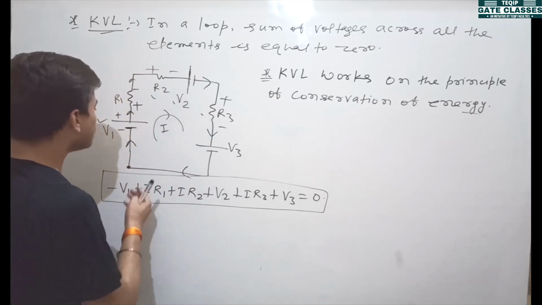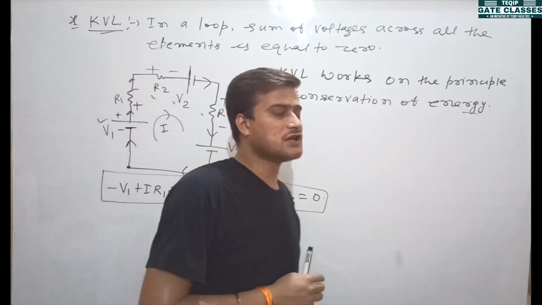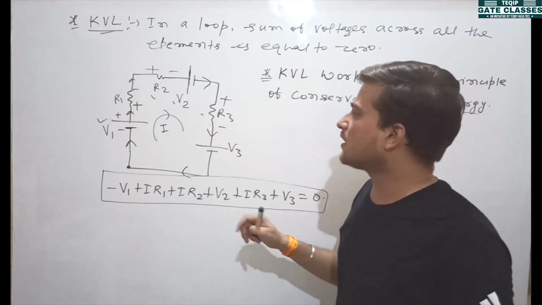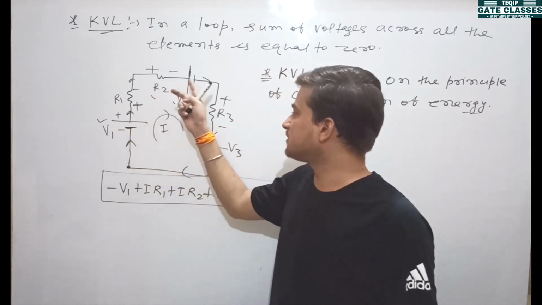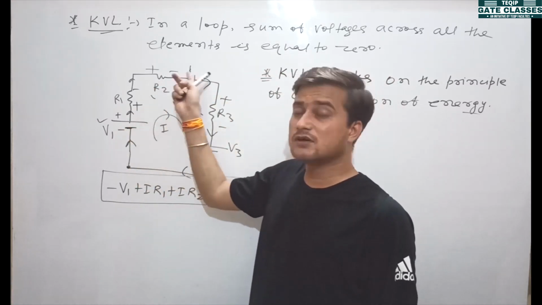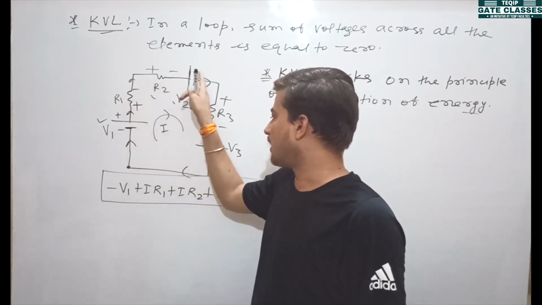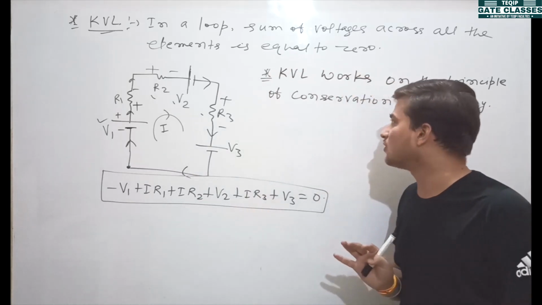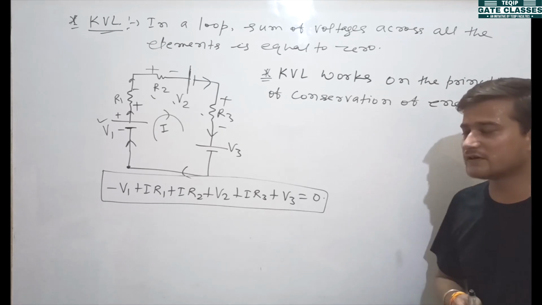That means you can say that energy is conserved here. Suppose you have generated electrical energy with the help of this source. Now you see that the total energy is conserved. If you start moving from this point, again you come back to this point, there is no voltage loss. So KVL works on the principle of conservation of energy.